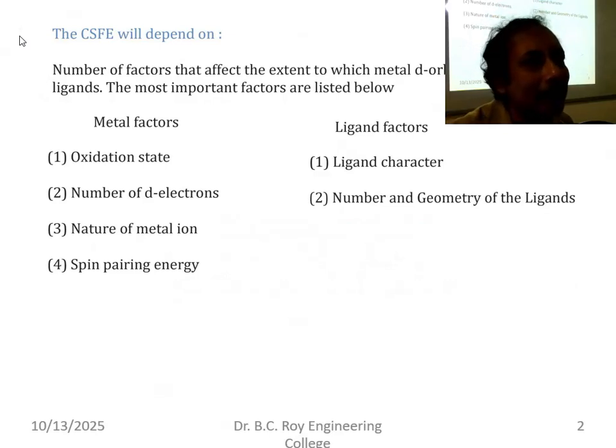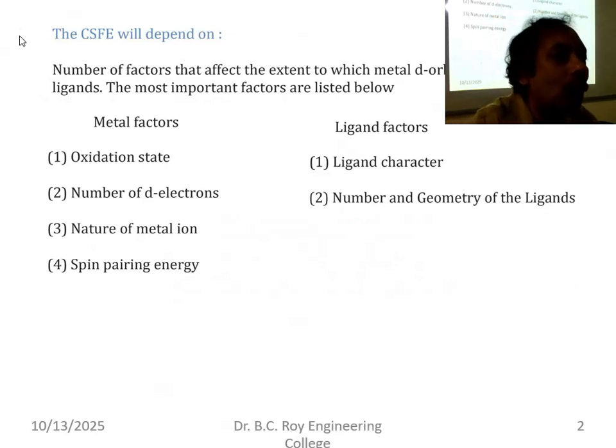Understood the ligand character. Now the stronger the bond formed, the higher the field strength will be. So we call it a strong field ligand. If the bond formed is very strong, like ammonia donating, giving a very strong bond, the field strength is high. So we call it a strong field ligand. But those that cannot make that strong bond, we call them weak field ligands.